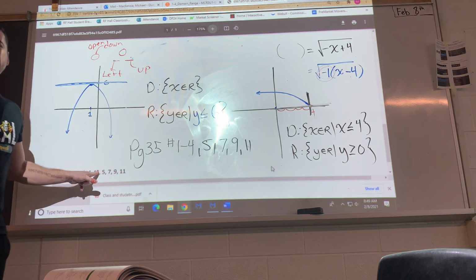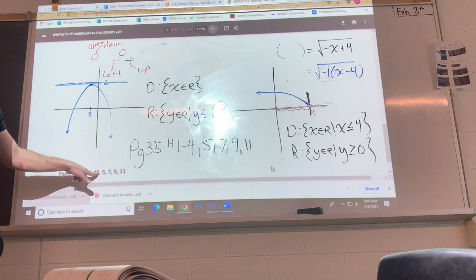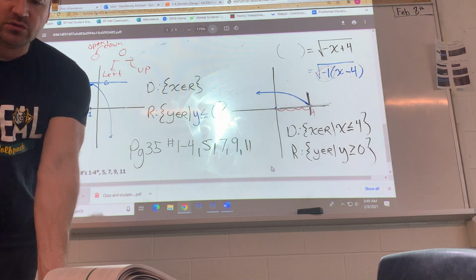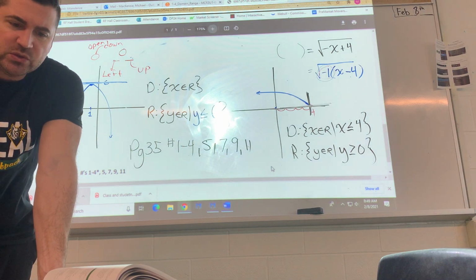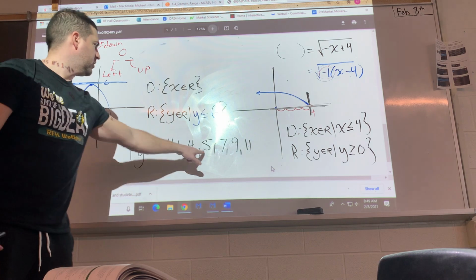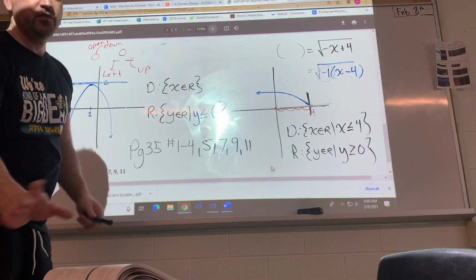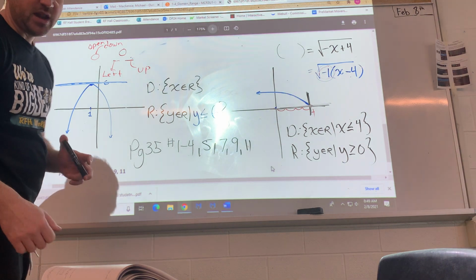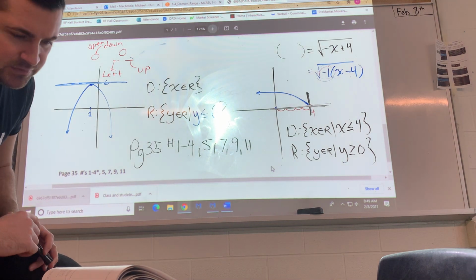If you want to, you can do a really rough sketch, but you do not need to graph it. Just do domain and range. So 1 to 4, why did I do that? I should have just done 1 to 5, 7, 9, and 11.